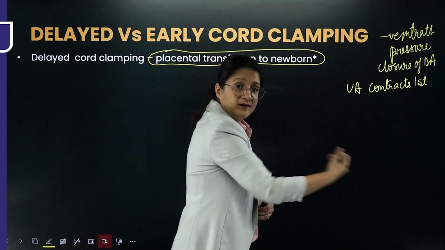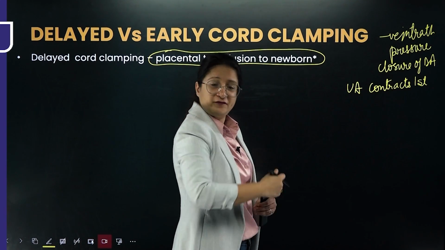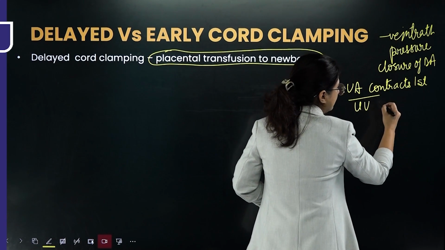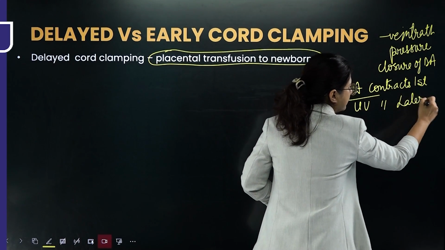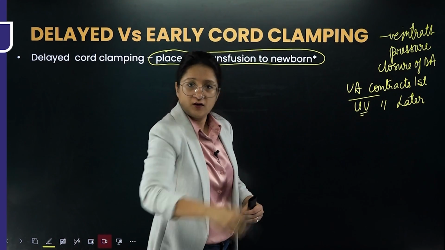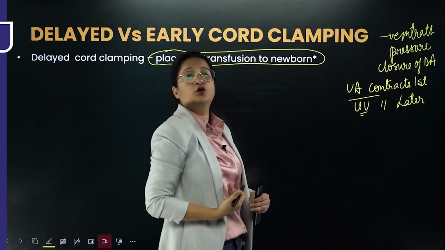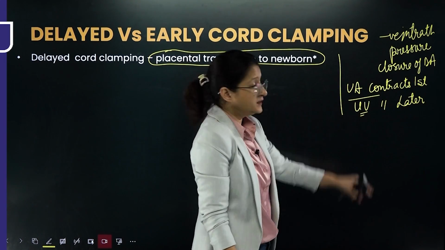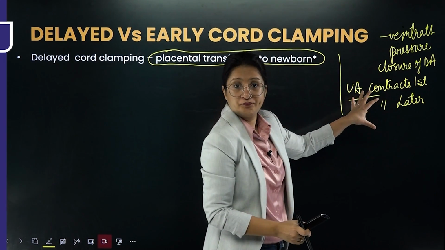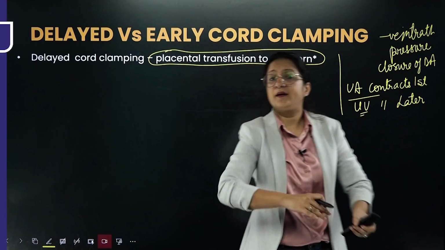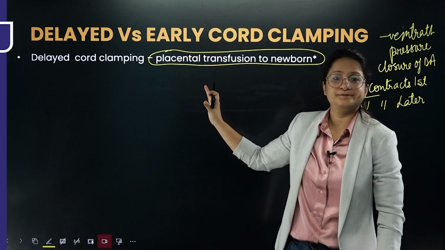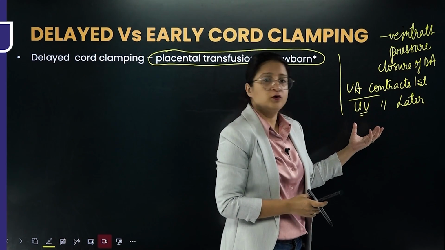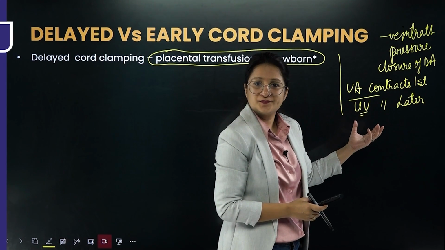See? Now, what will happen? The fetus will not bleed into the placenta because it contracts first. And the umbilical vein contracts later. Umbilical vein takes oxygenated blood from placenta to the baby. So all of this is going to be something which is physiological, and delayed cord clamping allows for it. Had we done early cord clamping, we would not be able to get this advantage, right?